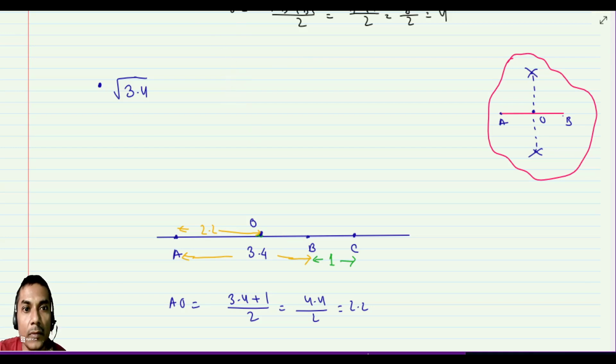Next, what you have to do? You draw one arc, as you already learned, taking O as center, and this is the half circle.